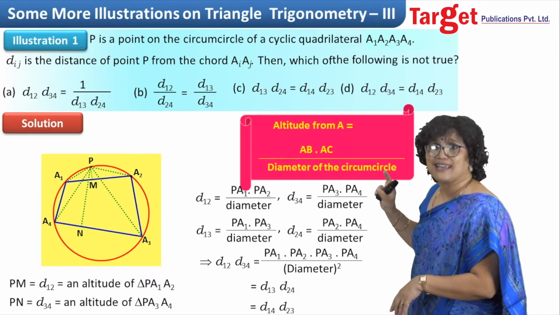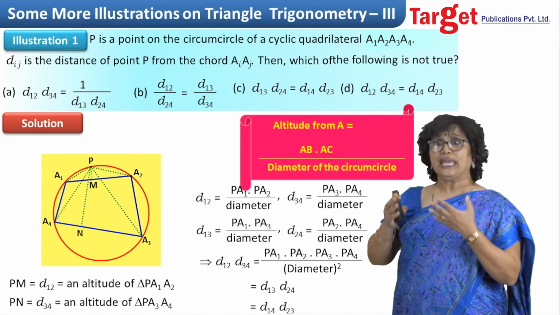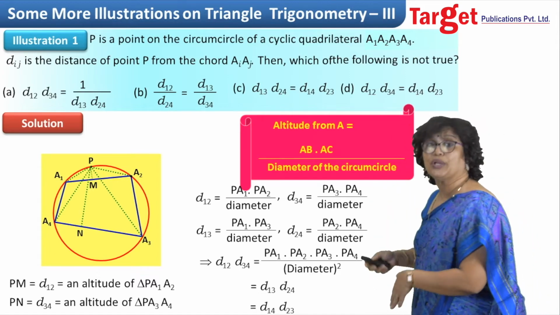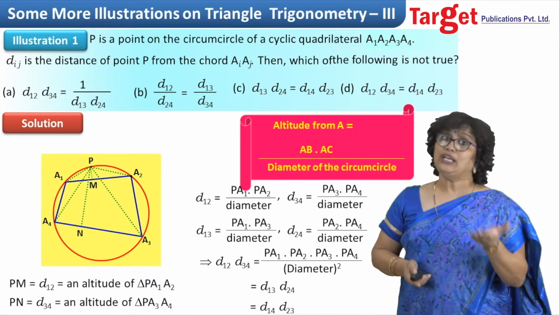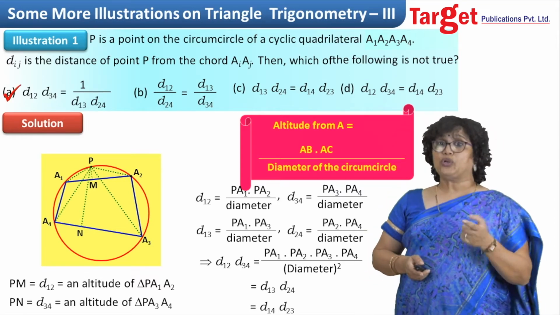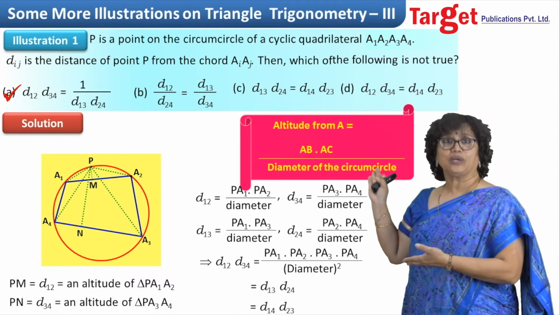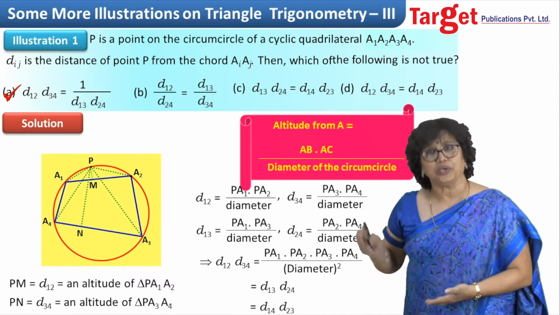I hope you understand why I'm saying so. So basically we have D12 into D34 equal to D13 into D24 equal to D14 into D23. We are asked the wrong option, which is not true, and that is nothing but option A. And why the remaining three options are correct, you can very well verify yourself.